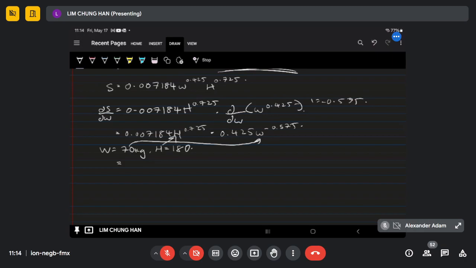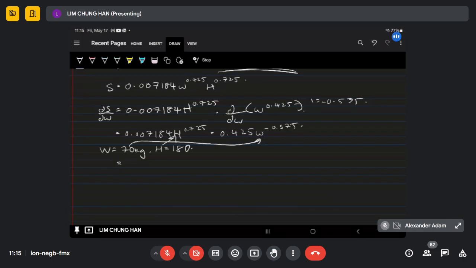So 0.007184, H is 180, so 180 to the power 0.725, times 0.425, times W to the power negative 0.575, where W is 70. Can you calculate for me?